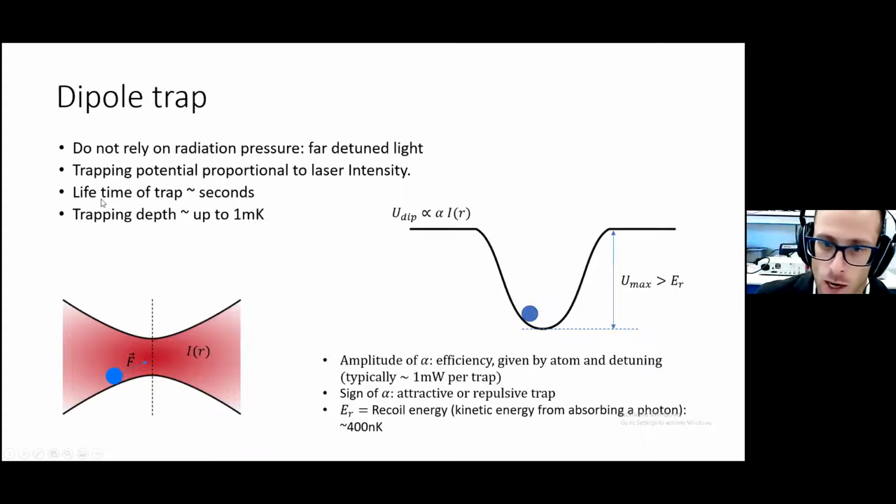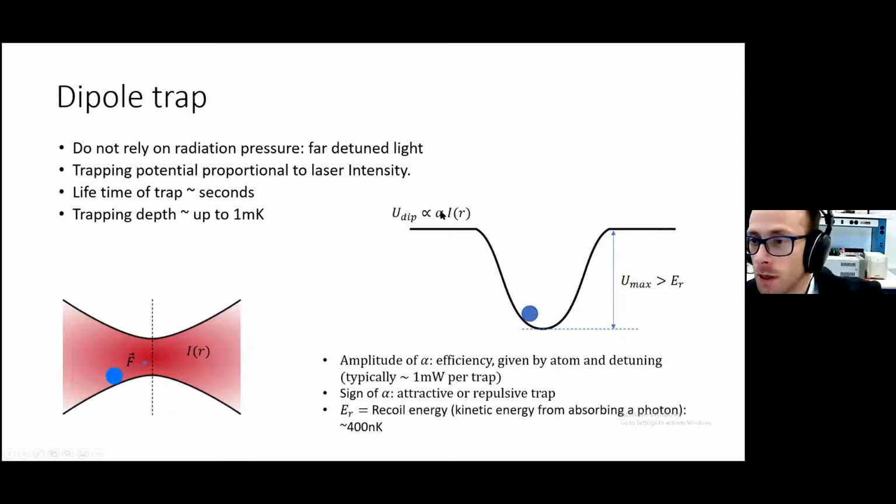And the typical depth of trap that you can create with a laser dipole trap is on the order of 1 millikelvin, and you can trap for typically seconds. So it's very important to understand the relation between the potential of the trap and the intensity.